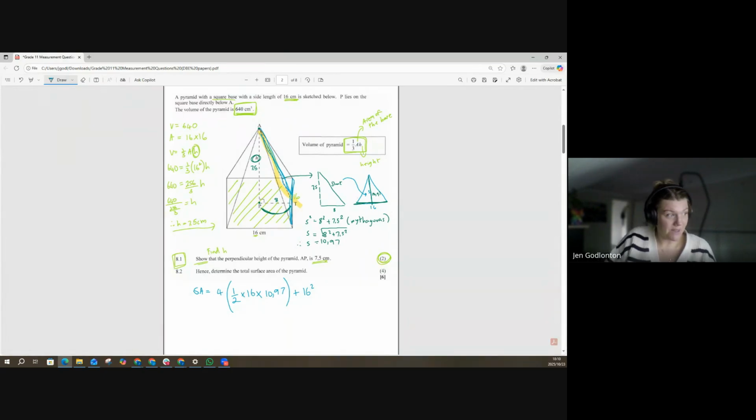And we can pop that straight into our calculator exactly like that. And we should get 607.04.